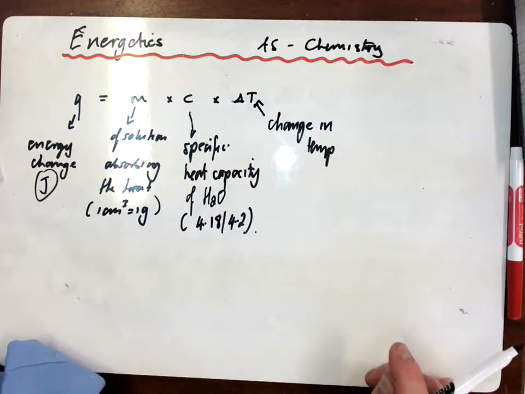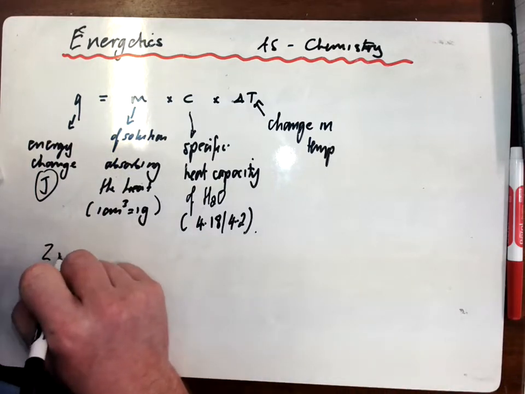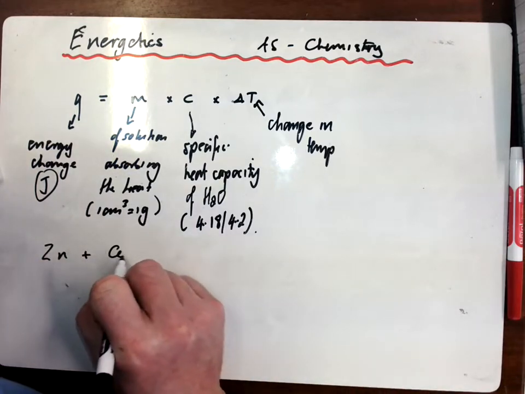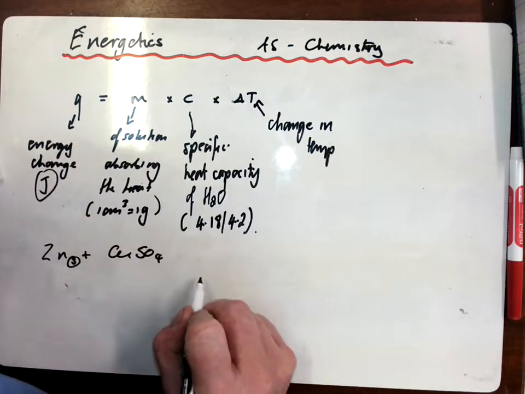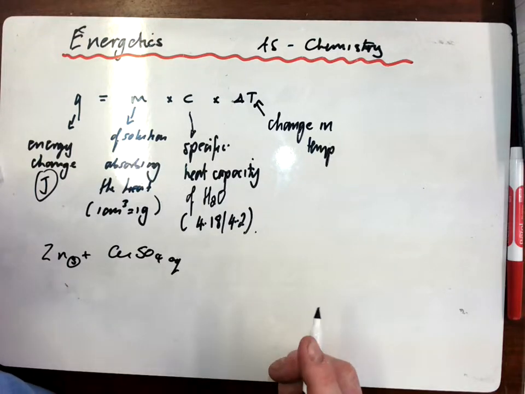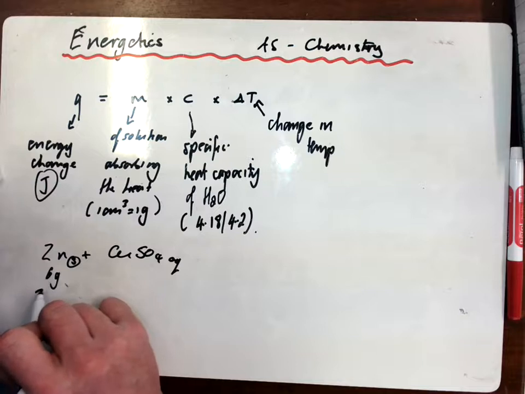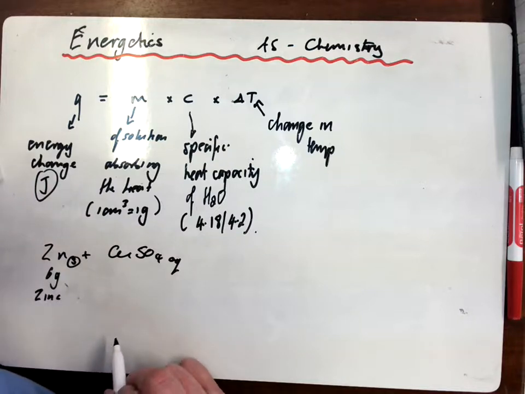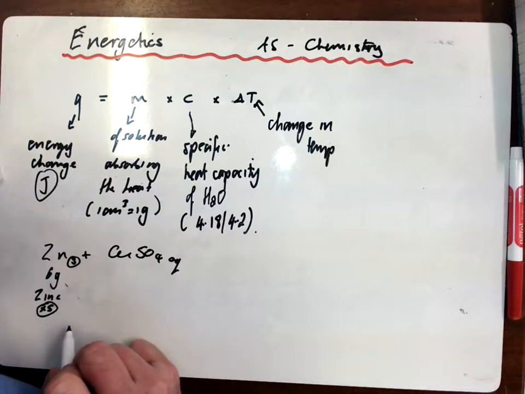So we'll just take a very simple reaction to begin with, a displacement reaction, where zinc solid is added to some copper sulfate solution. We are going to start off with, let's say, 6 grams of zinc, and that's going to be in excess.